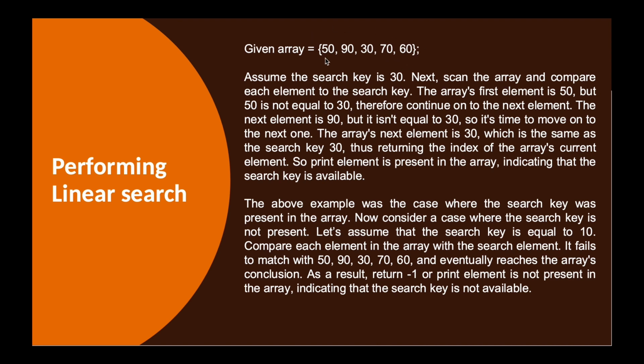Remember, anytime you search for an element and you find it, it returns +1, which means you have found it. But anytime you search for an element in an array and you are unsuccessful, it returns -1, which means the element is not found or is unavailable in that particular array.